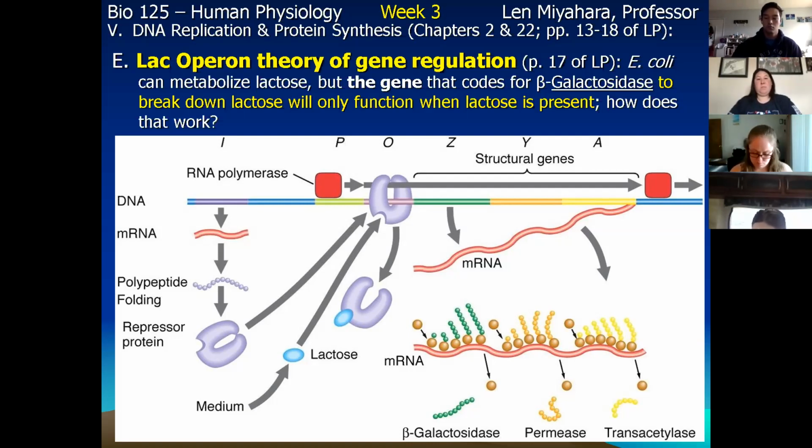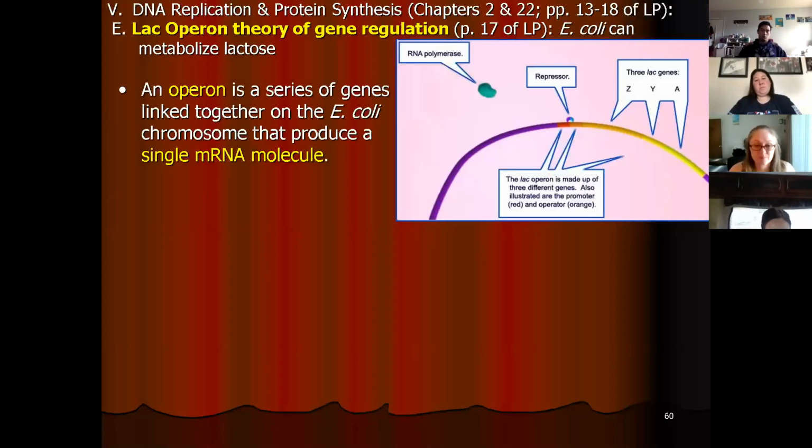Okay? Now, one of the proteins is an enzyme that's made off of this gene. There's actually 3 genes, so they call the genes that are actually getting transcribed structural genes. Well, one of the proteins is this beta-galactosidase, and it is used to digest lactose.